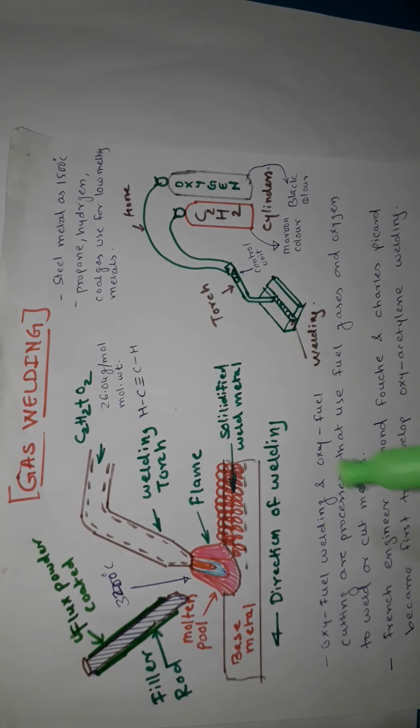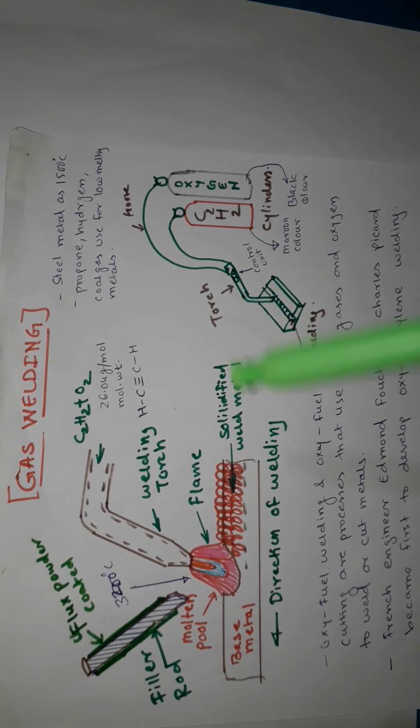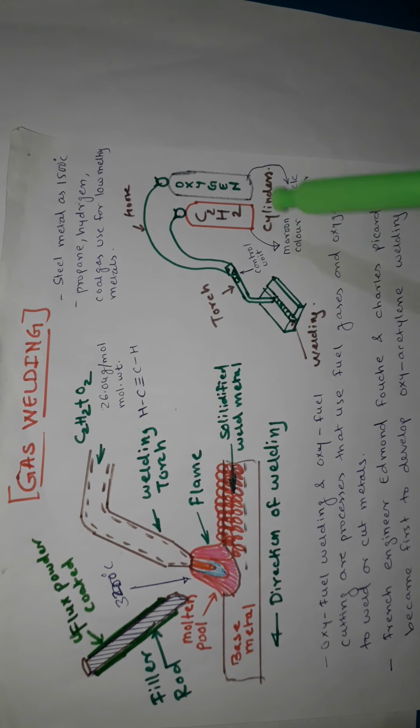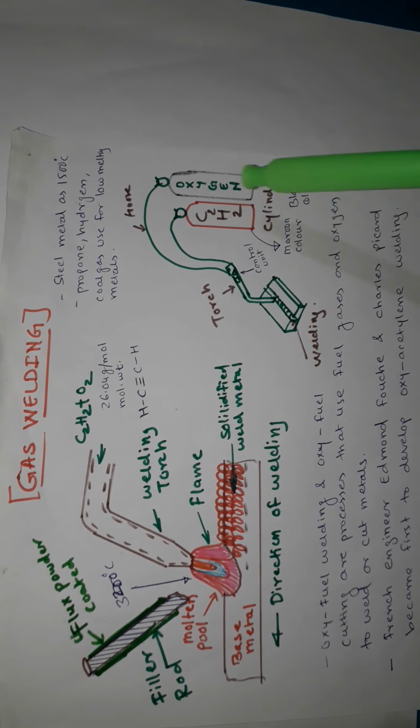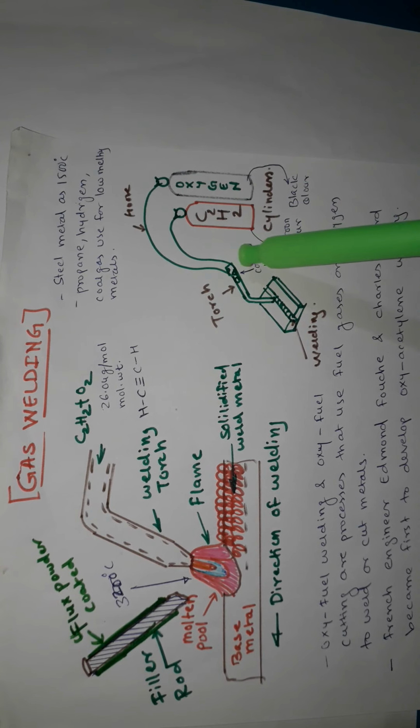So now we have learned about gas welding, here talking about oxyacetylene gas. Acetylene is always filled in maroon color cylinders, oxygen in black color cylinders. These are the flexible hoses given to a brass torch. The brass torch consists of a mixing chamber.